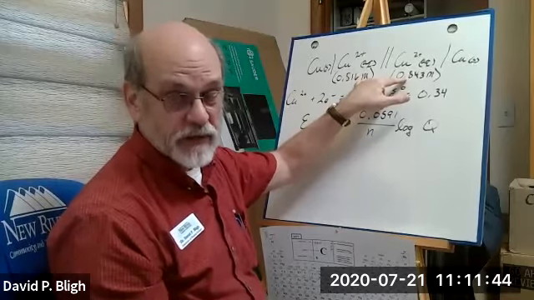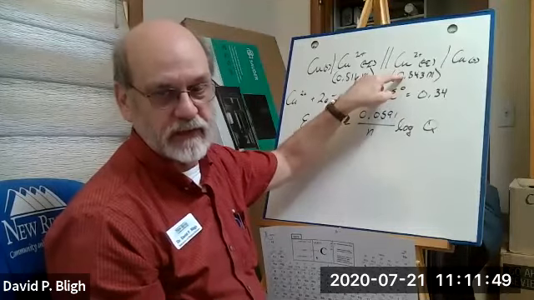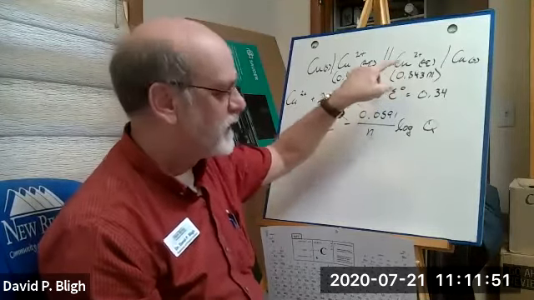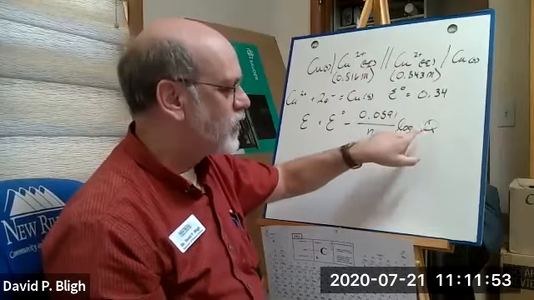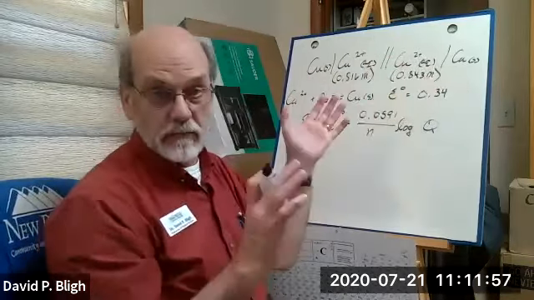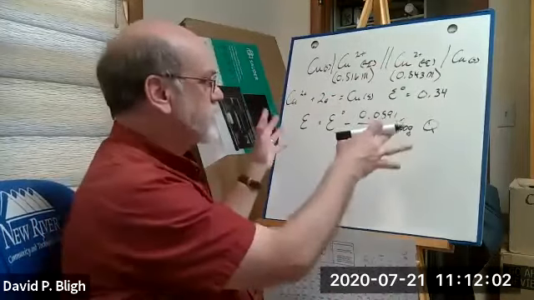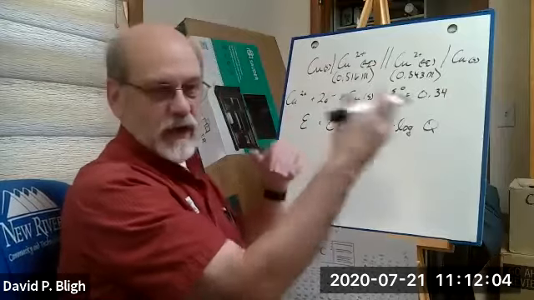If they're the same concentration, then the cell will not operate. They have to be different concentrations. The trick is to decide which one goes where, because that's a solid and that's a solid. They don't enter into the Q calculation. So the Q in this case would be the anode divided by the cathode.